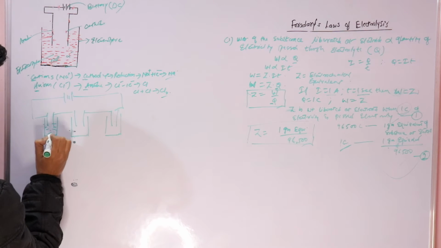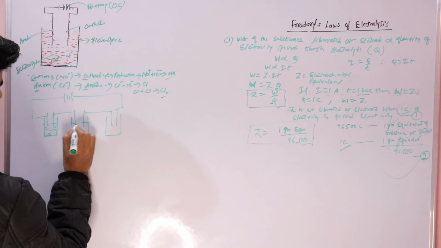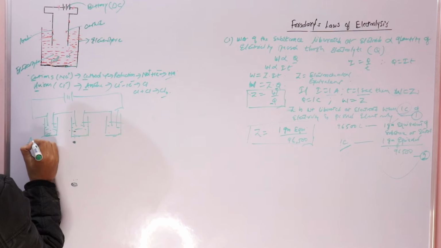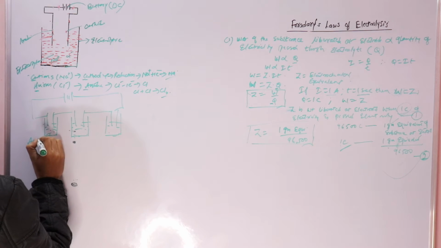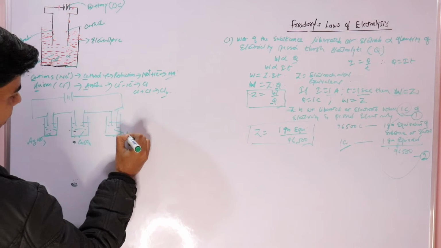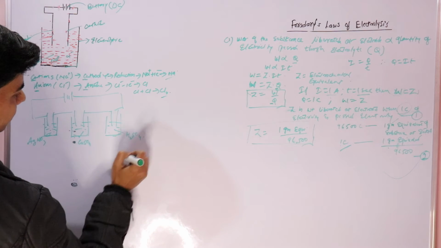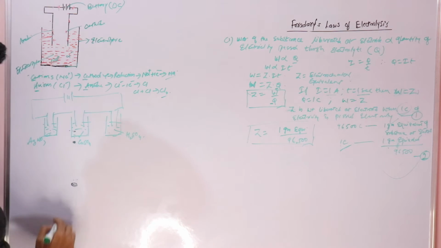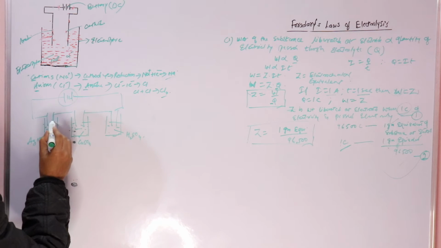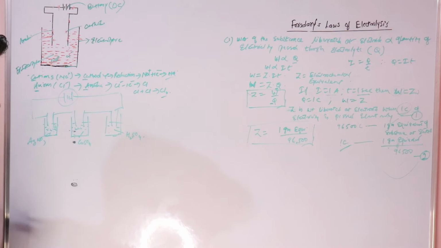In one of the cells I have silver nitrate, in one I have copper sulfate, and in one I have H2SO4.